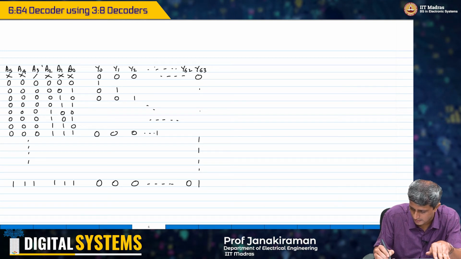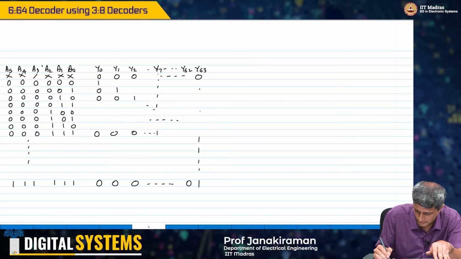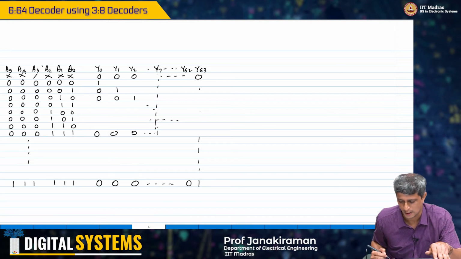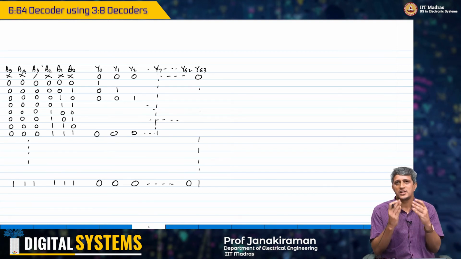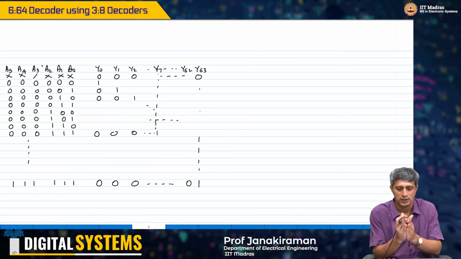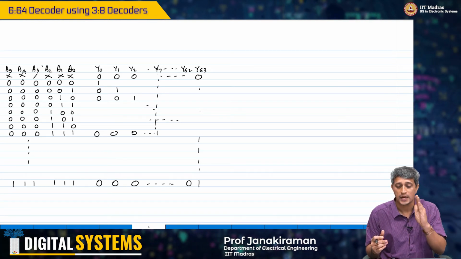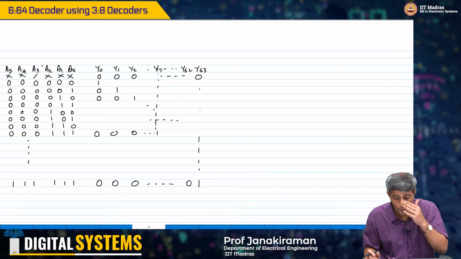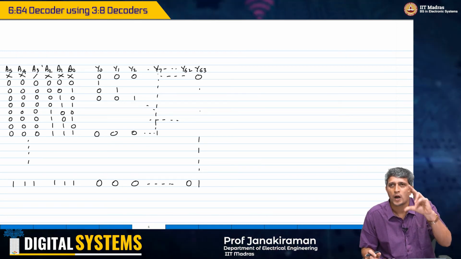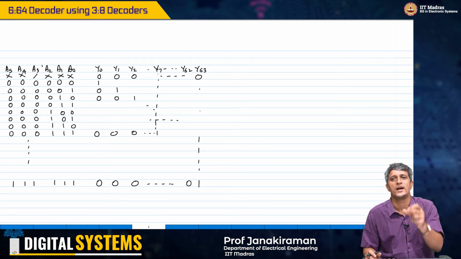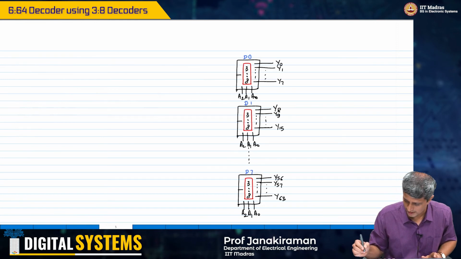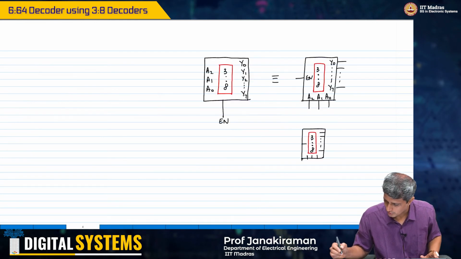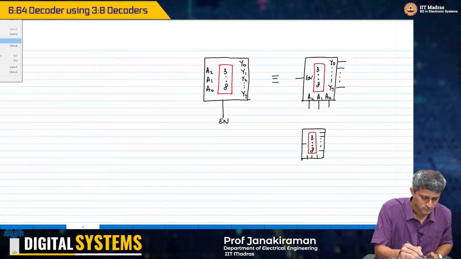For each of these combinations, when A5 A4 and A3 are 0 0 0, one of the decoders has to be enabled and Y0 to Y7 will have to go high. So if I look at this now, I will basically have to, let me make a copy of this.